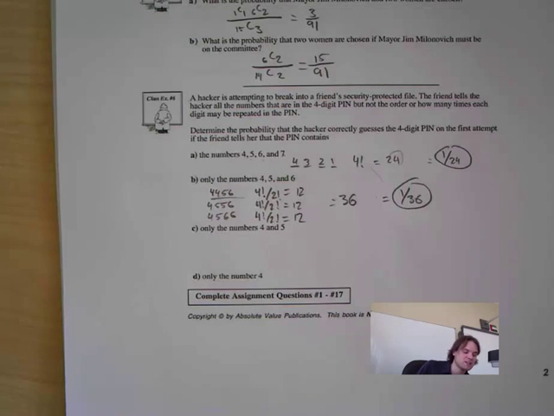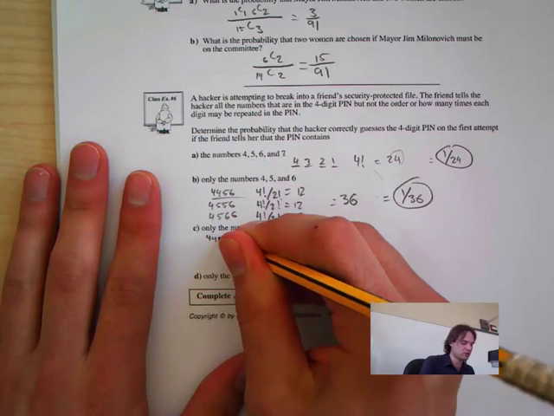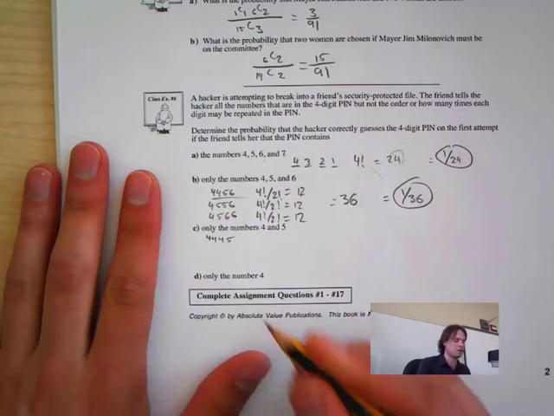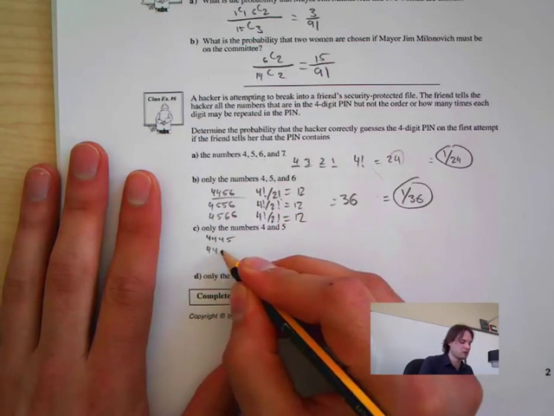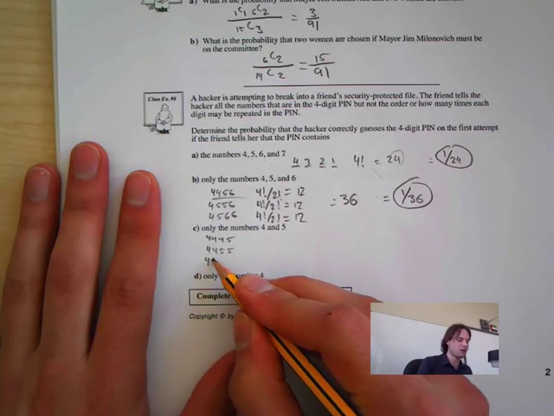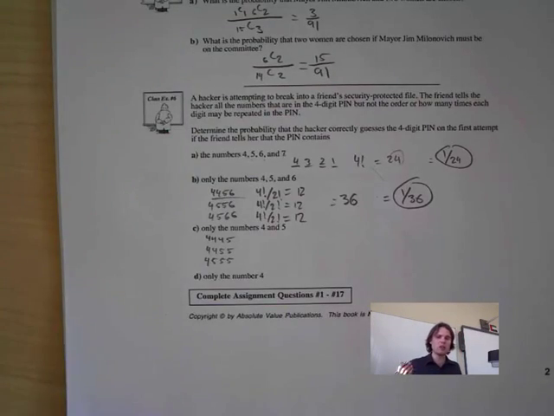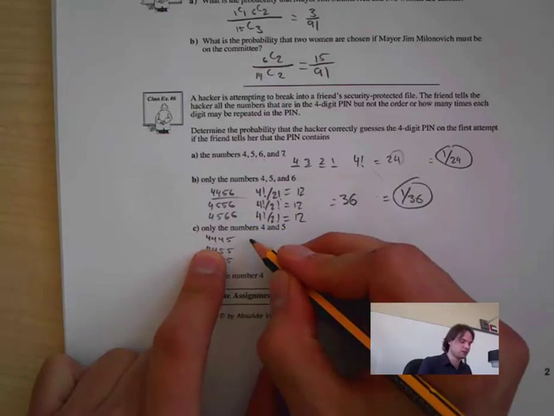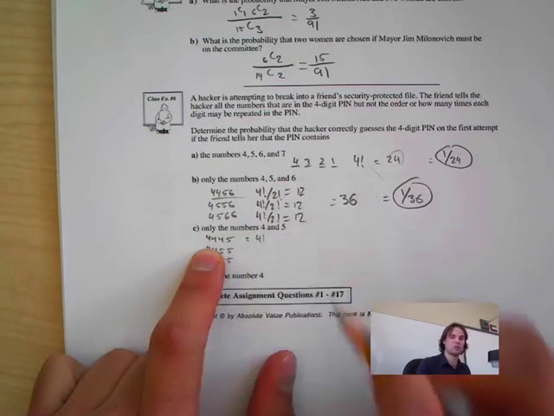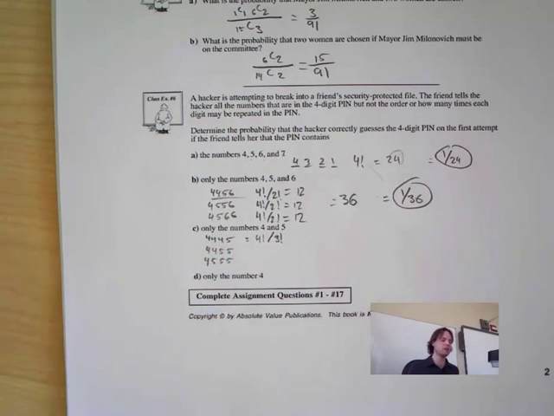Now the last one says only the numbers 4 and 5 are used. So first of all, we could have 3 4s and a 5. That's 1. We could have 2 4s and 2 5s. Or we could have 1 4 and 3 5s to make up the code. Now, this is the same as 4 factorial divided by 3 factorial, because we have 3 4s repeating.